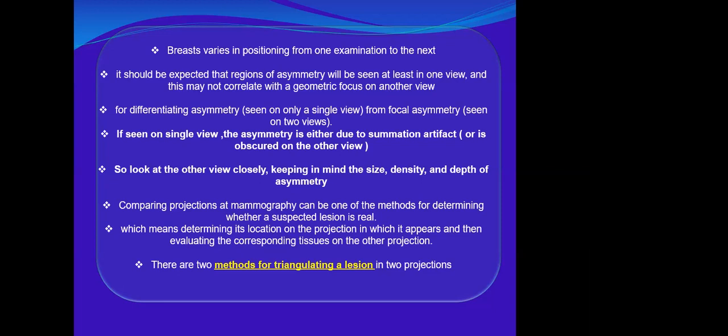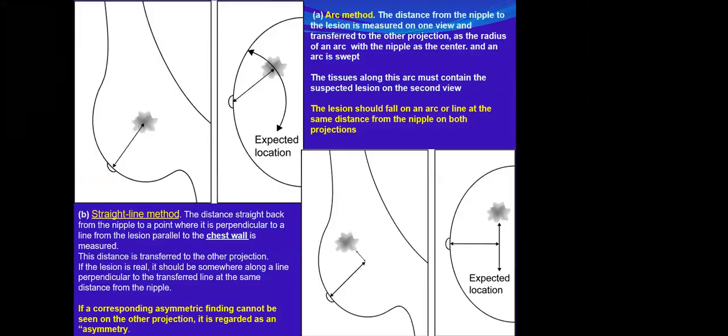It means determining its location on one projection in which it appears and then evaluating the corresponding tissue on the other projection. These are the arc method and the straight method.